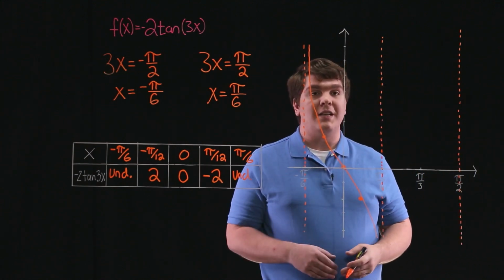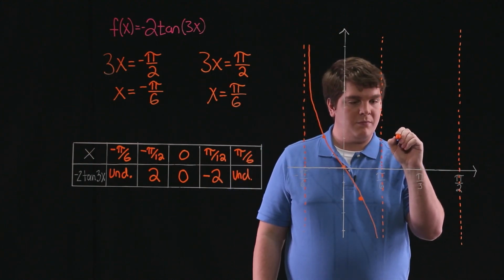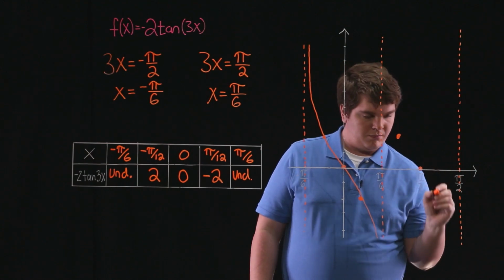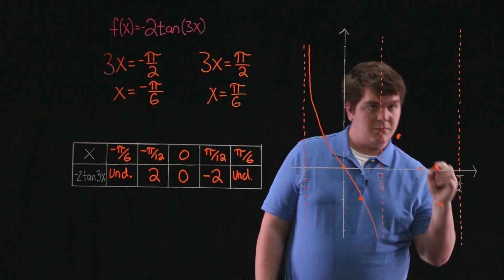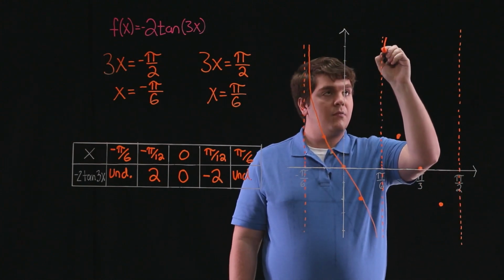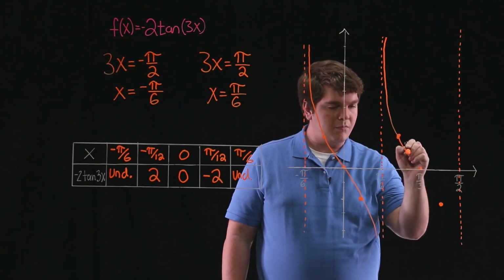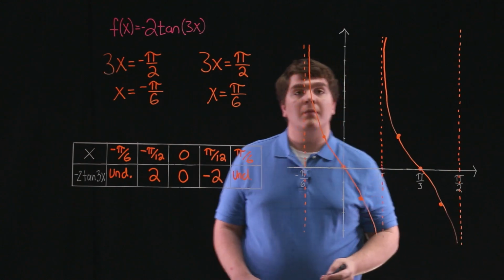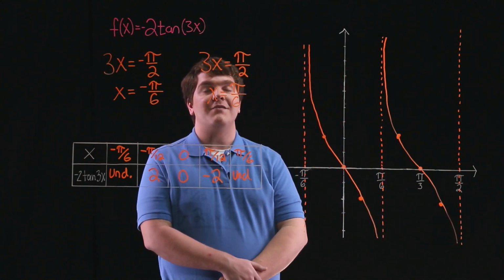And we can continue the same sketch that we had here. And there we have 2 periods of the graph of f of x equals -2 tangent of 3x.